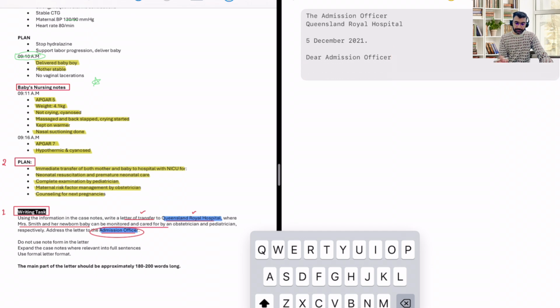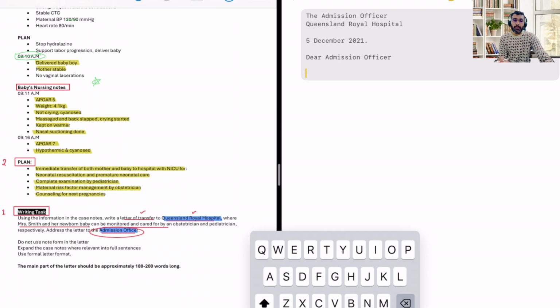Then RE. In the RE line, we will write the patient's name and date of birth. If we have two patients, if we are referring, transferring two patients, then we should write the names of both. So here we have two patients actually. This is Julia Smith and her baby.